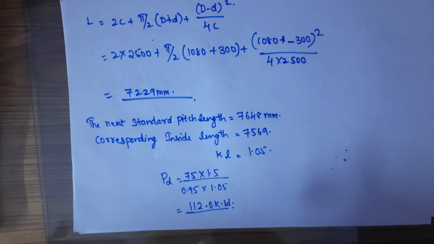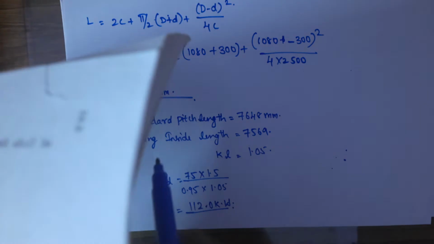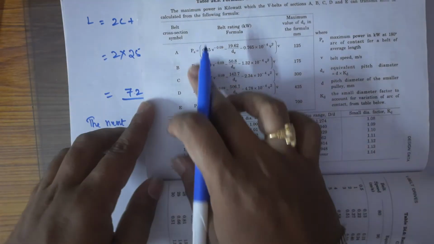Based on the design power, the maximum power in kilowatts which the V belt of sections A, B, C, D and E can transmit shall be calculated by the following formula, which is on page number 24.8. We will be having the belt cross sections here.